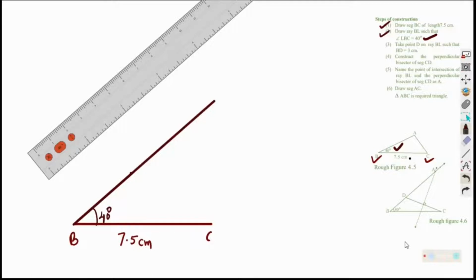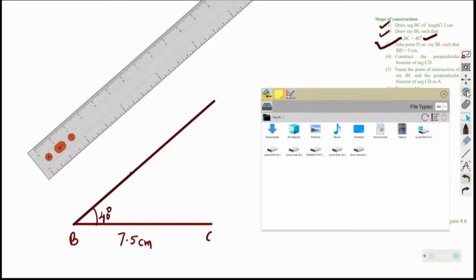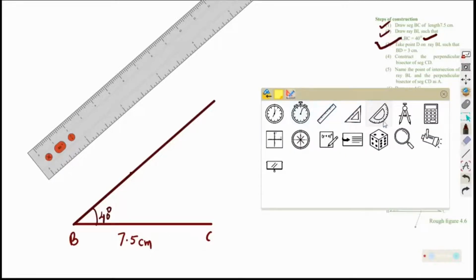Though you have a scale or ruler over there, simply measuring 3 centimeter with it is not right. For drawing a line segment, you can very well use a ruler, but in this kind of situation, a compass is preferred for marking 3 centimeter. Let us take the compass from the magic box and measure 3 centimeter on the scale.